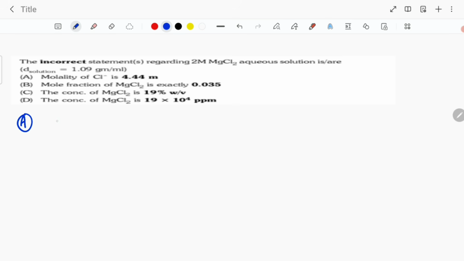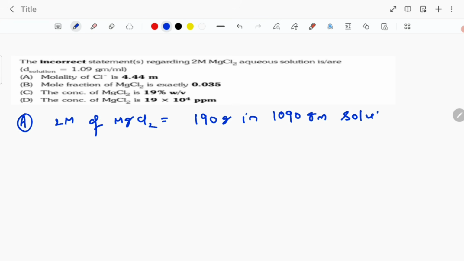First I am starting with option A. 2 molar MgCl2 information given. 2 molar MgCl2 means 2 moles of MgCl2, which is equal to 190 gram. So 2 moles, 190 grams in 1090 grams solution.